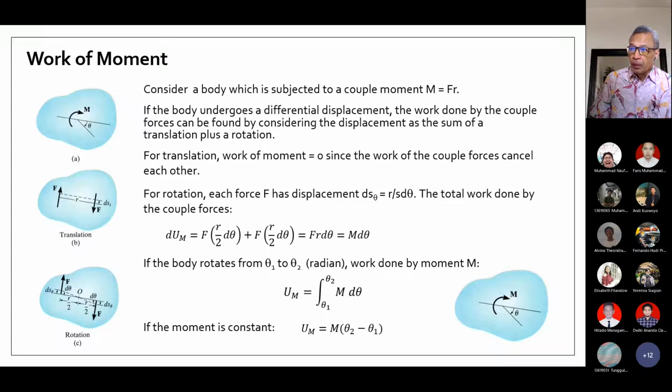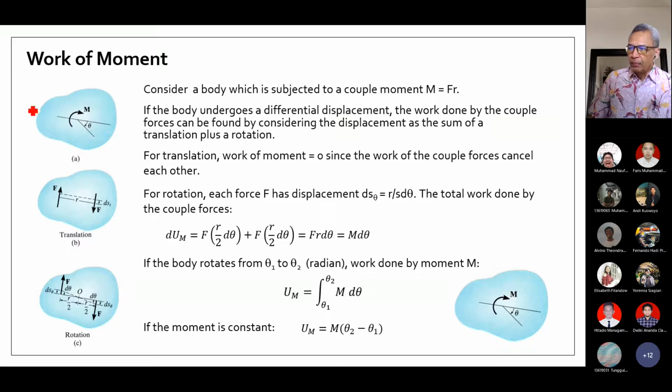So if you have a system, there is a moment working on that system, but the motion or the displacement of that system is only translation, then the moment will not do any work. You can say that the moment only produces work on a system if the system undergoes rotational displacement.